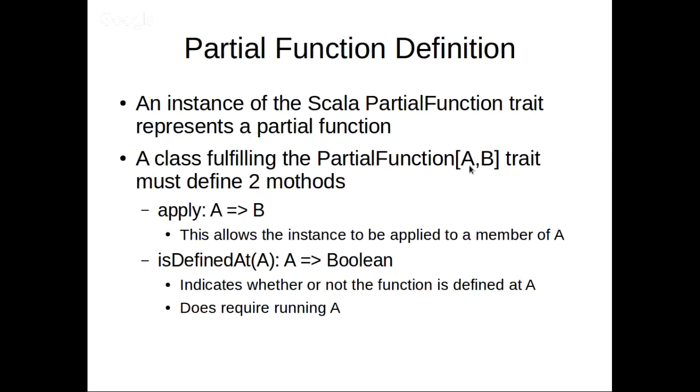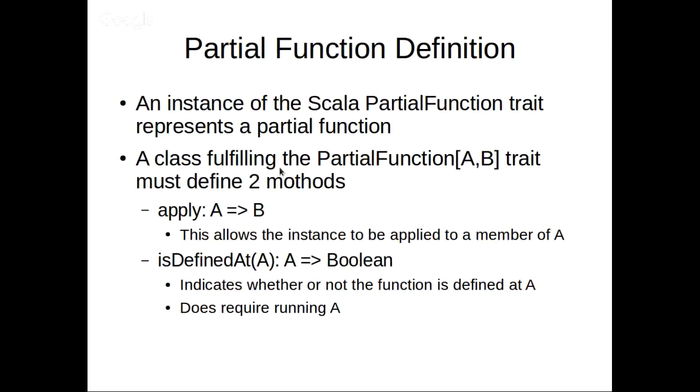That represents a partial function whose domain is drawn from A and whose range is drawn from B. Okay, so for example, if we were dealing with something that's reciprocal and it takes a reciprocal of integers, A would be Int, B would be Double, right? Okay, so this conceptually represents a function that goes from A to B, but it's a special type of function in that it's only defined over a subset of its domain.